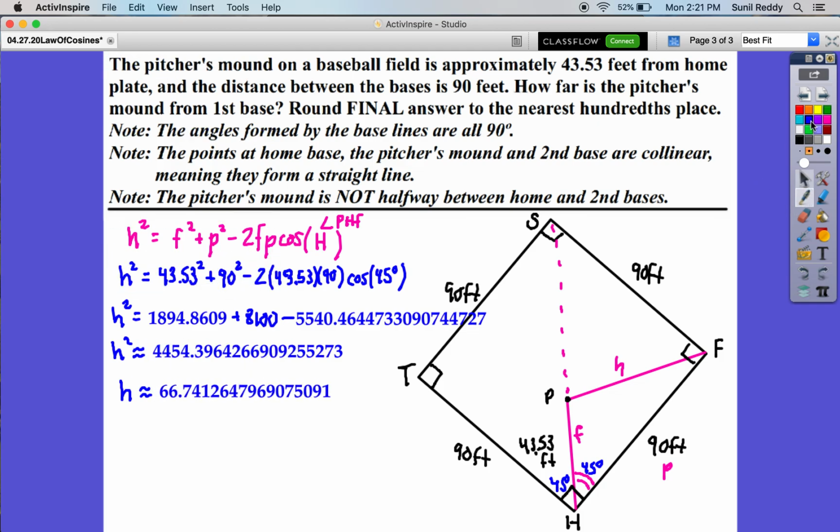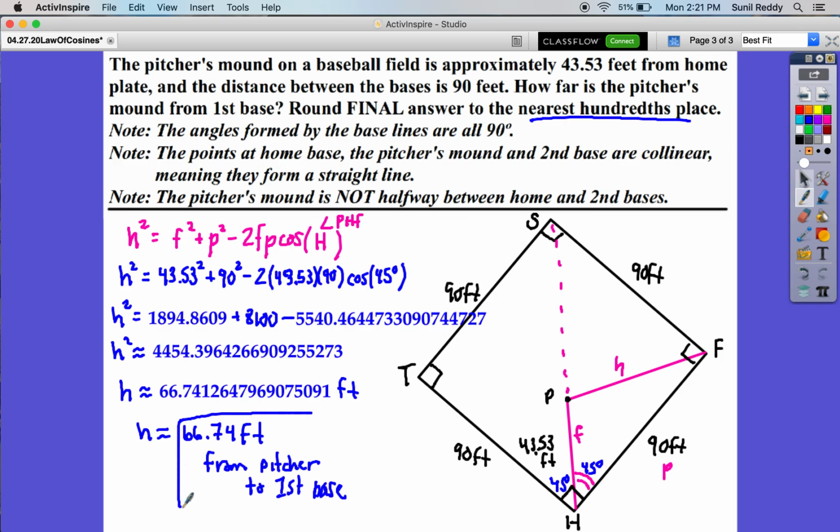Now all that's left for me to do is following the directions, which say to round to the nearest hundredths place. So that looks like little h is approximately 66.74 feet from pitcher's mound to first base. That solves the problem.